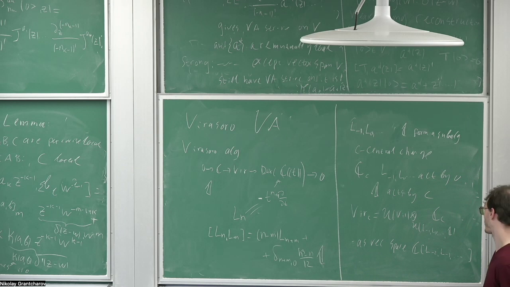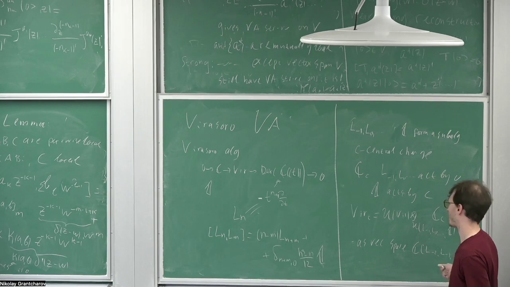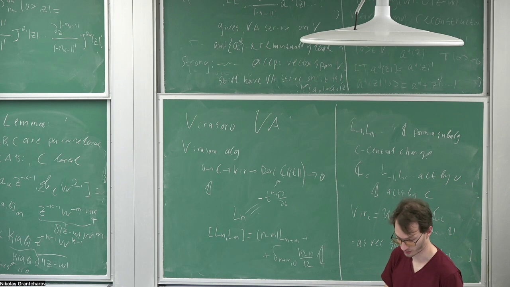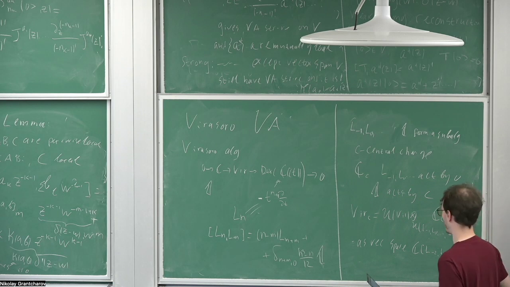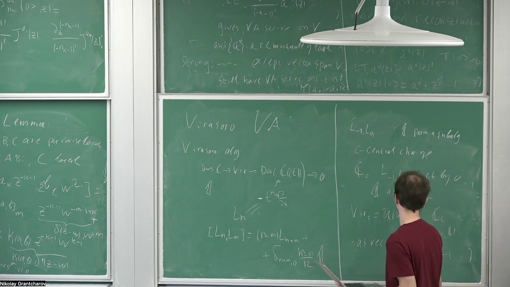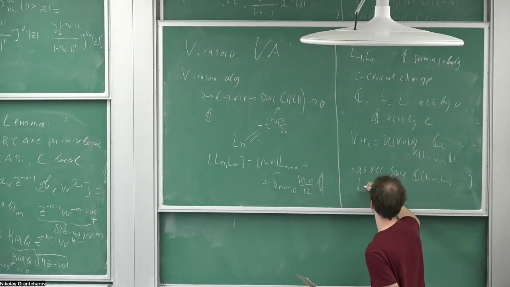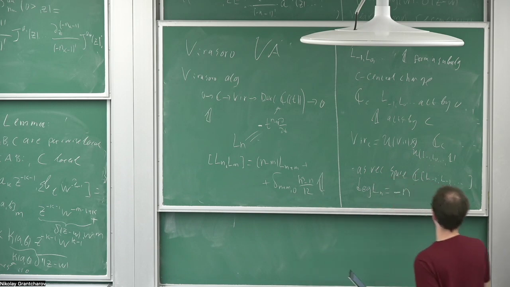Similar to before, where we had the vector space created by the modes with n less than minus 1, we also get a free module over the negative part. And now we have to find everything. So we start with degree. The degree of L minus n is n.